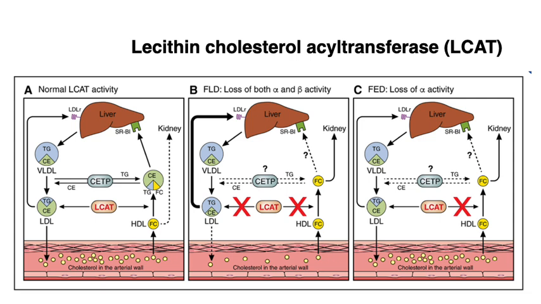Apoprotein B, which is present in the LDL, determines its atherogenicity. If you look at panel C, if there is the formation of cholesterol ester rich LDL, it tends to promote accumulation of cholesterol in the blood vessel.